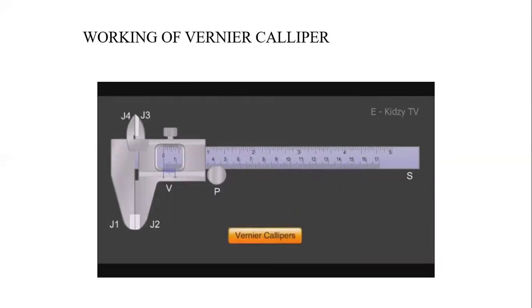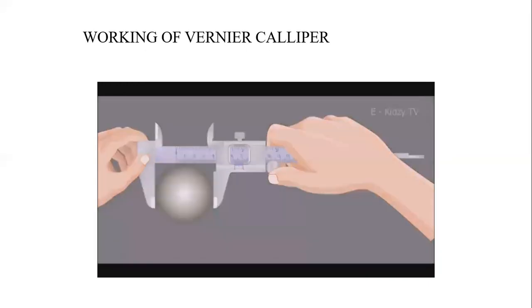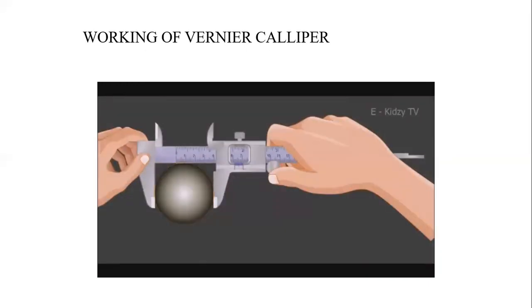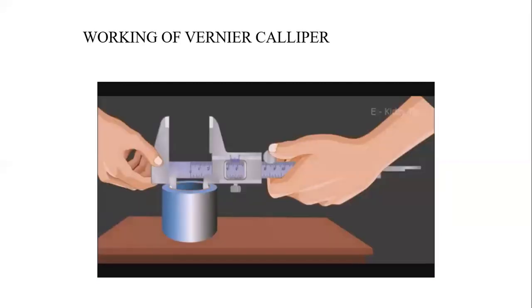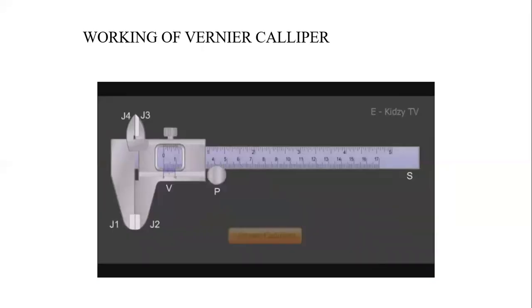The vernier calipers is a convenient tool to use when you want to measure the length of an object, the outer diameter of a spherical or cylindrical object, the inner diameter of a pipe, and the depth of a hole. A vernier caliper mainly consists of a finely polished rectangular steel strip S. This scale is called the main scale and is generally 15 centimeters long.